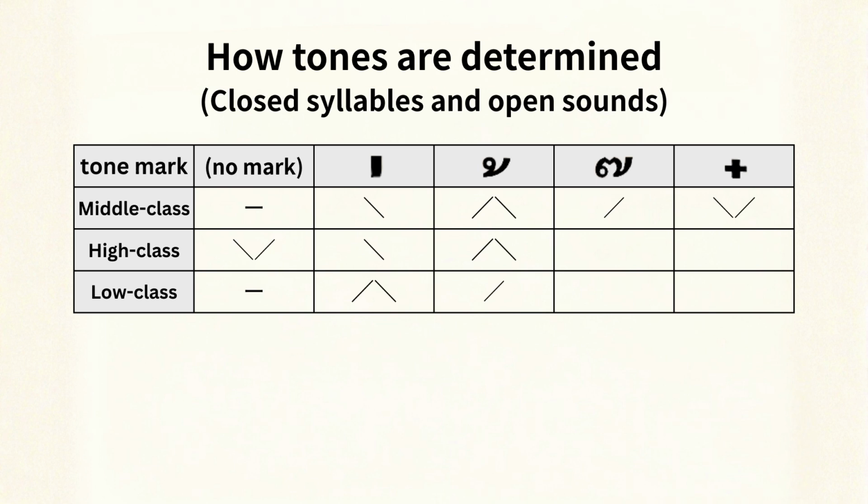On the other hand, closed syllables that end in p, t, or k, called stop endings, follow very different tone rules, so a separate chart is used for them. By remembering that open syllables and sonorant endings form one group, and stop endings form a separate group, you can understand Thai tone rules much more smoothly.